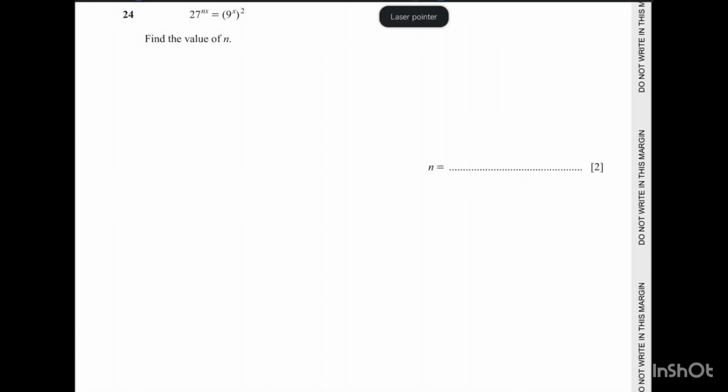Question 24. 27 raised to nx is equal to 9 raised to x whole raised to 2. Find the value of n.